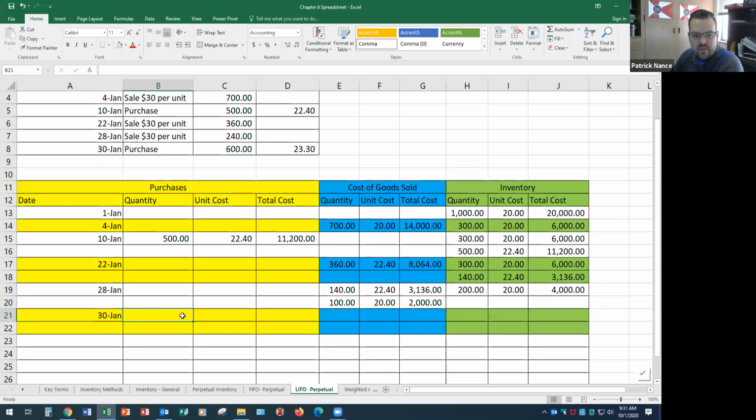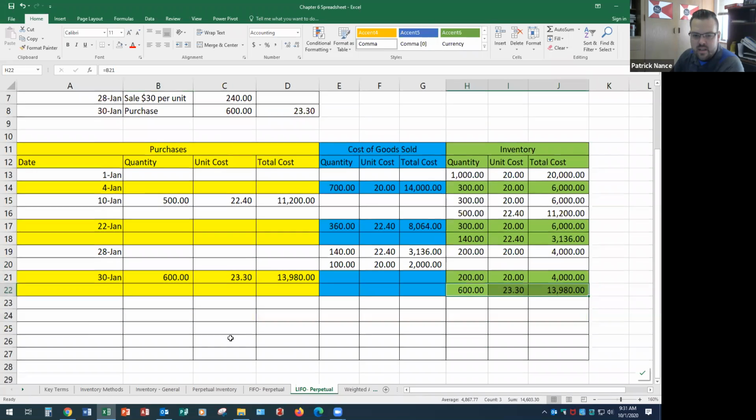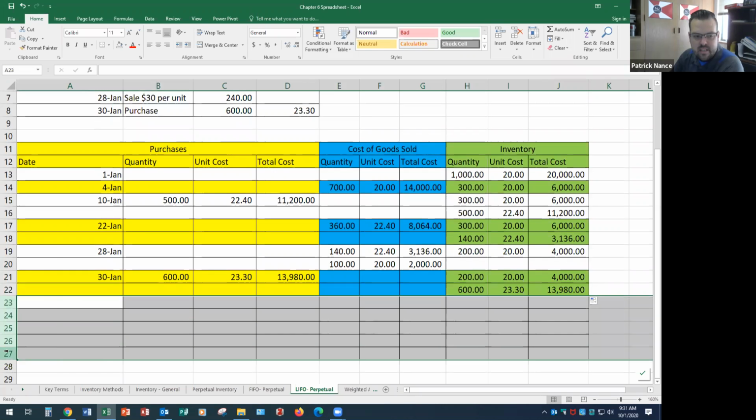And then on January 30th, I purchased 600 units at a price of $23.30 each, for a total cost of 600 times 23.30, $13,980. So I still have this layer of 200, and now I have a new layer, 600 at $13,980, and I can total again.